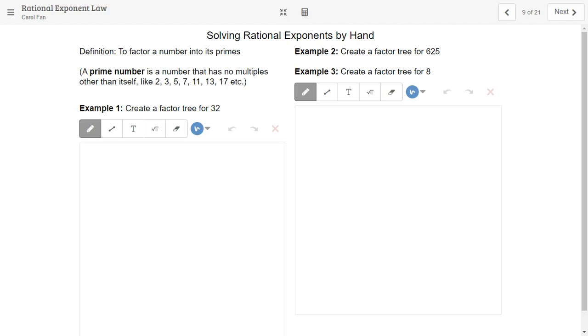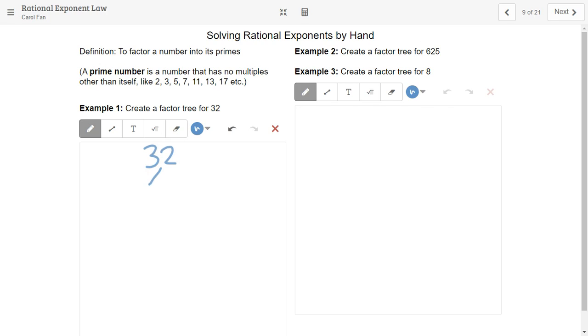We're going to be solving rational exponents by hand. Now, before we do that, we need to simplify a lot of the bases that we have, either by using prime factorization or somehow combining our base so that it can be expressed as a power with a smaller base. So let's look at this one. If I had the number 32, I can use a factor tree to create the prime factors for 32.